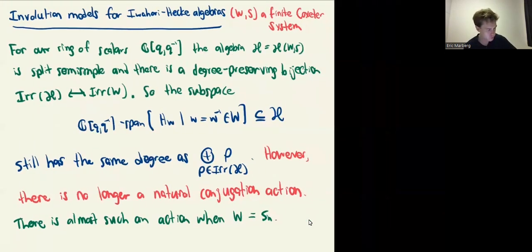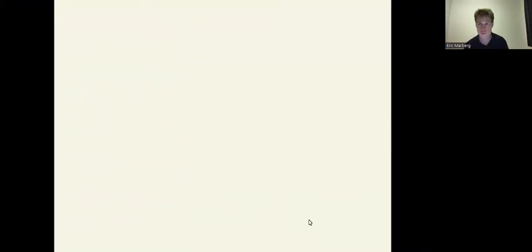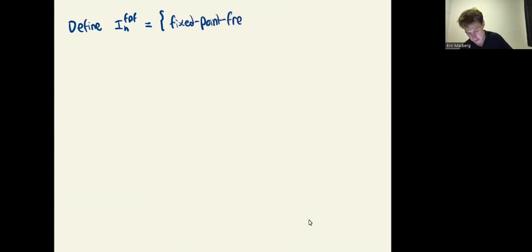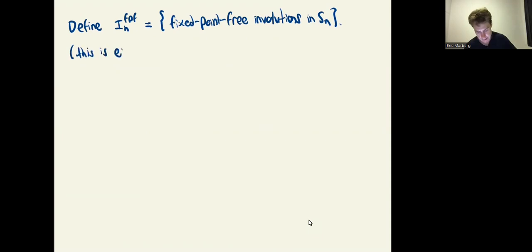So we need to restrict to a smaller subspace. Define I_n^FPF to be the set of fixed point free involutions in Sn. This is an empty set unless n is even, so we need to assume that n is even here.